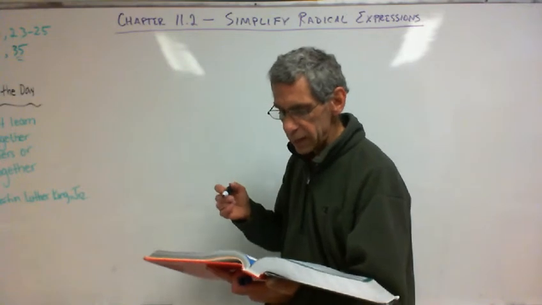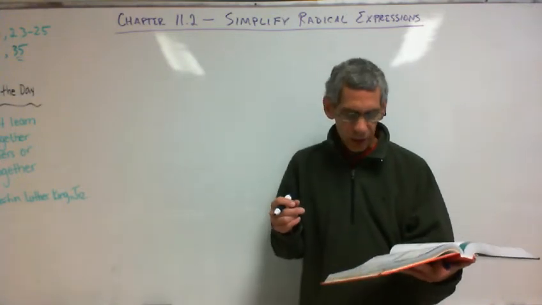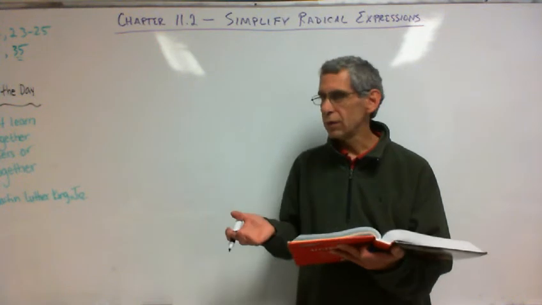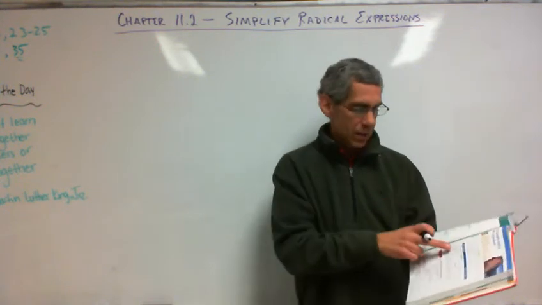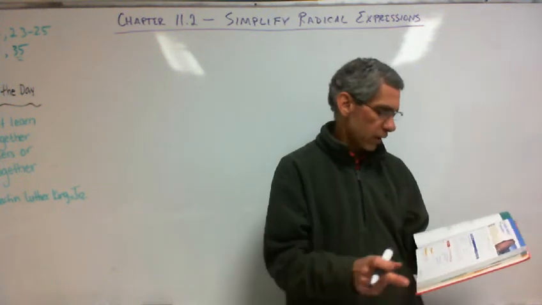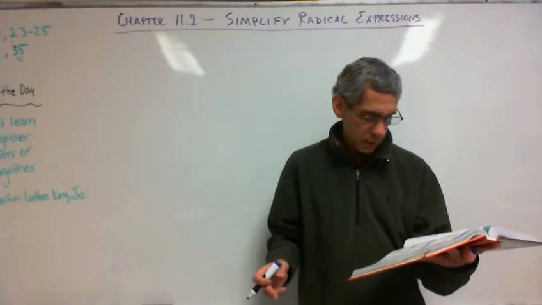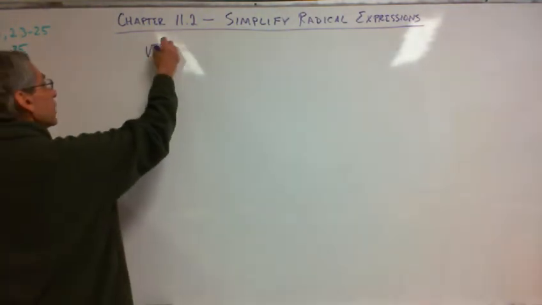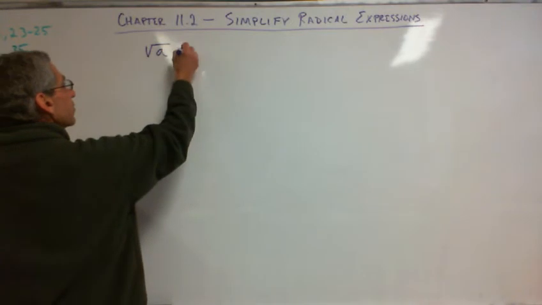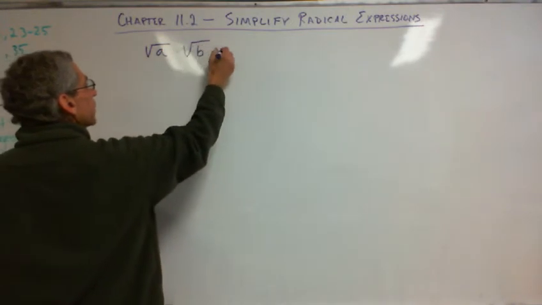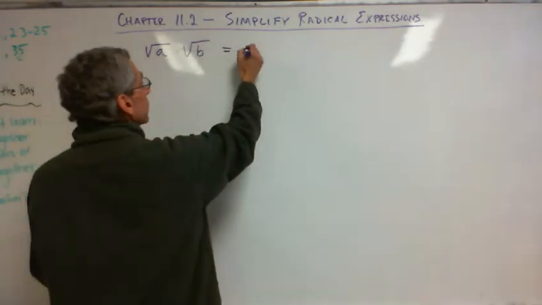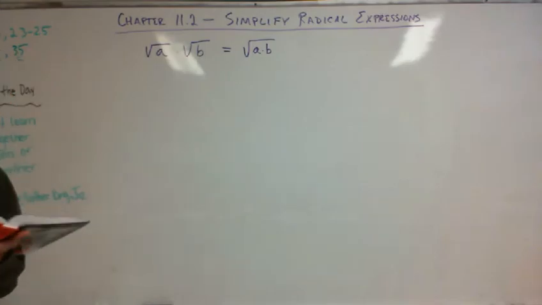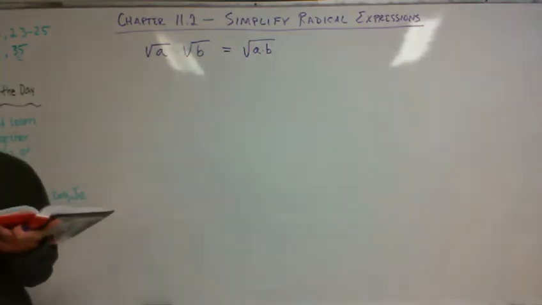So example 1 says, use the product property of radicals. Now we think, well, what's the product property? That's in the blue box. It says the product property of radicals is something like this: if you have the square root of A times the square root of B, that is equal to the square root of A times B. You can put them underneath the same radical.